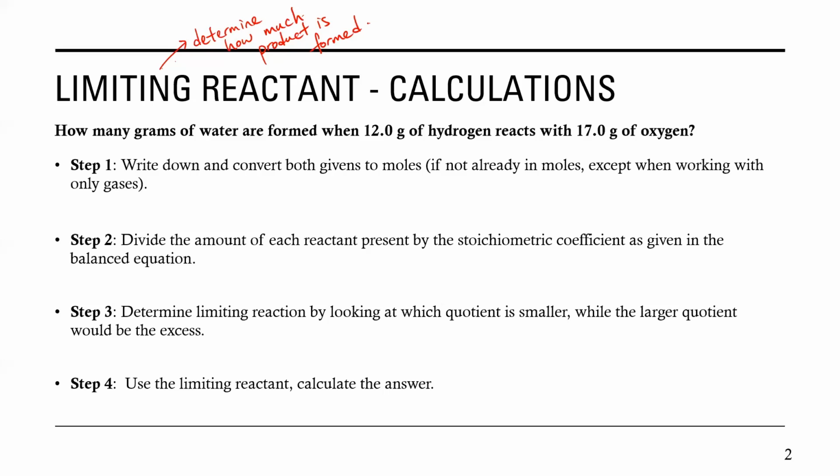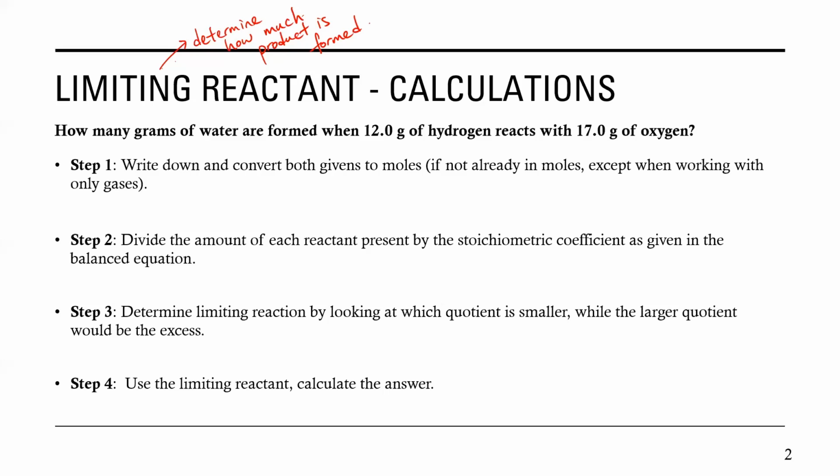And in this way, it's going to be important to find out who the limiting reactant is, because only when you find out the limiting reactant and how much you have, then you'll be able to determine the amount of the product that's formed.